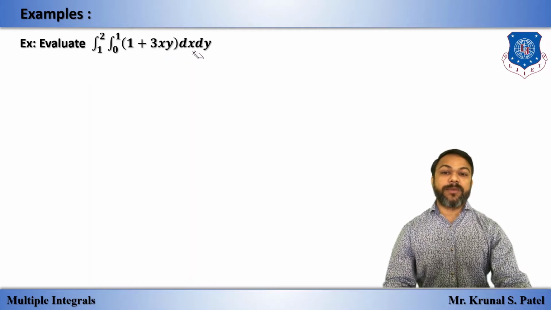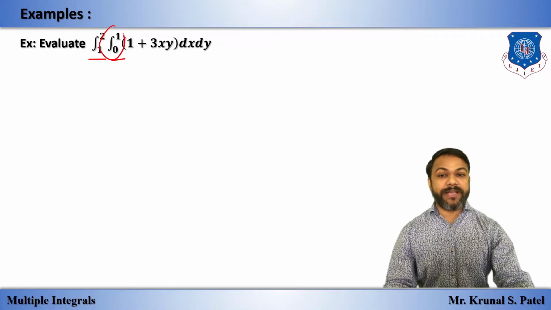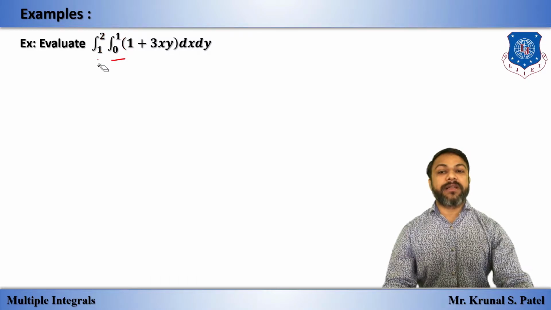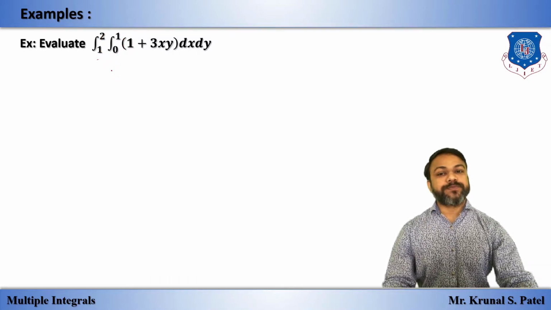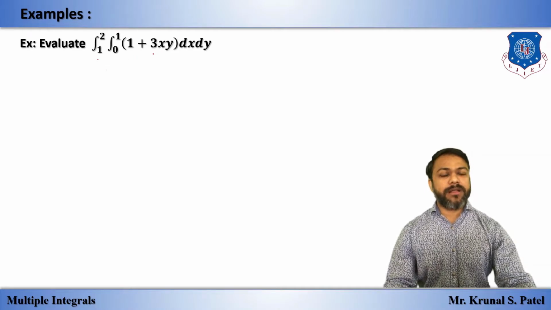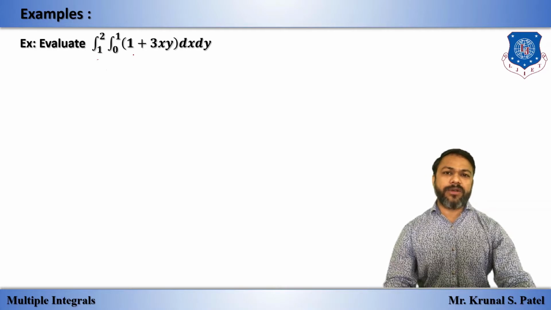Otherwise, it's not possible to directly change the order if the limits of integration are given in variable form. But here both limits are constant, so we can change the order, or we can integrate directly.